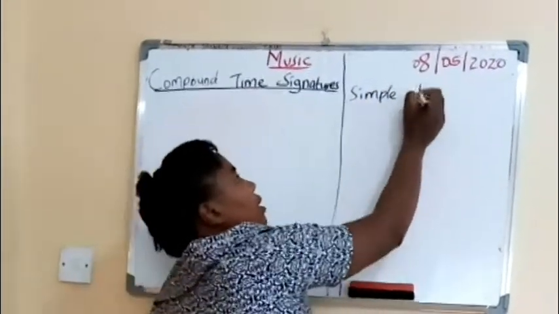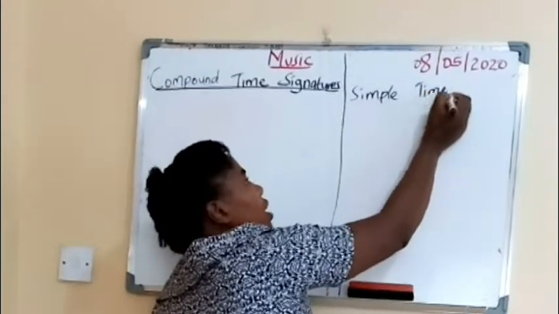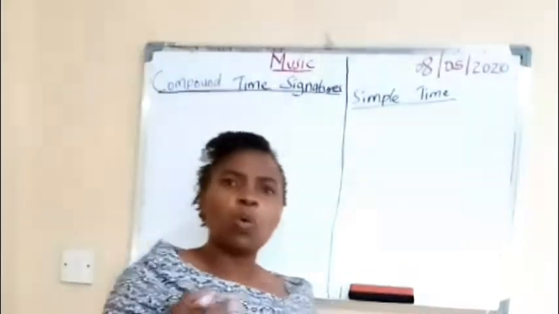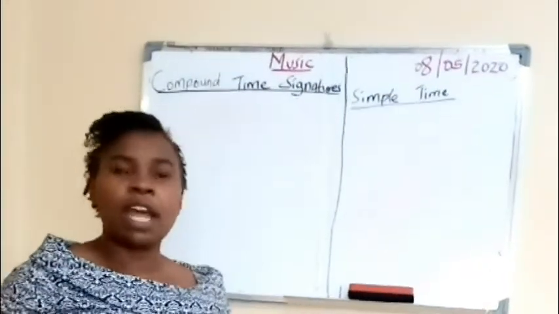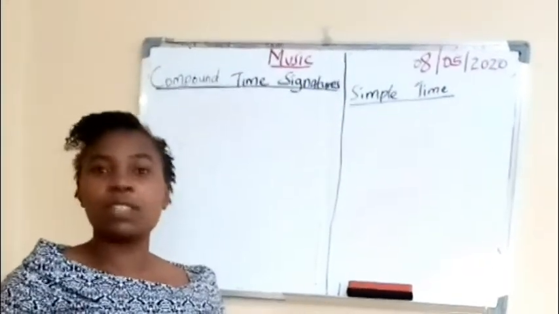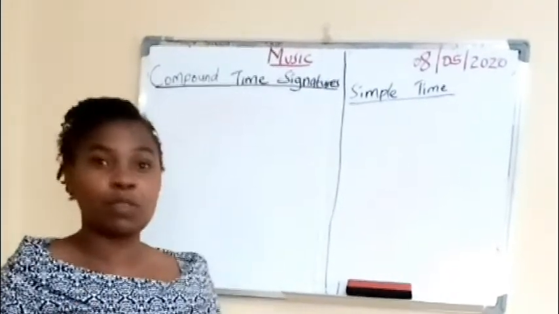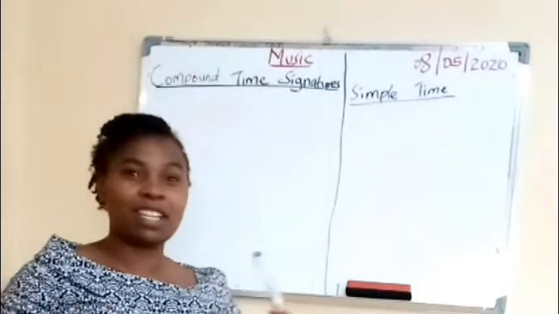Simple time. Now, in simple time, first of all, you need to ask yourself, what is the time signature? And we said time signature consists of two numbers, one on top of the other. So it is the numerator in numeracy and the denominator.